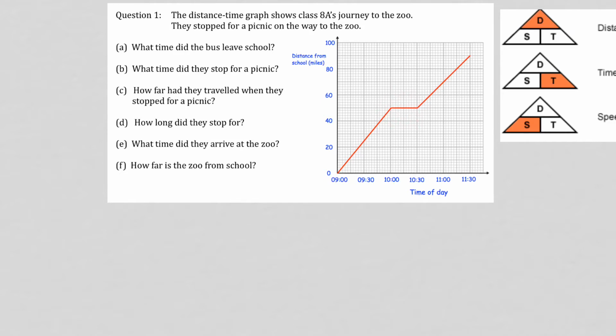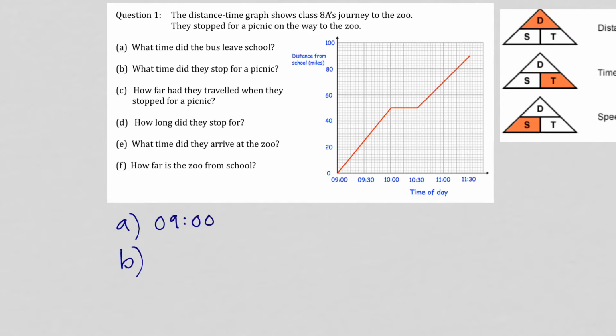So if we go through our questions here, first one we're asked, what time did the bus leave the school? Well, the graph shows our journey, and the journey seems to start here at 9 o'clock. So that would be a reasonable answer for our initial starting time for this journey.